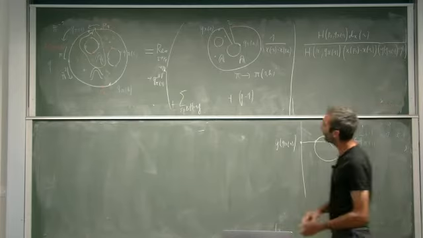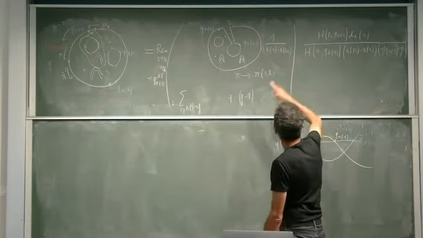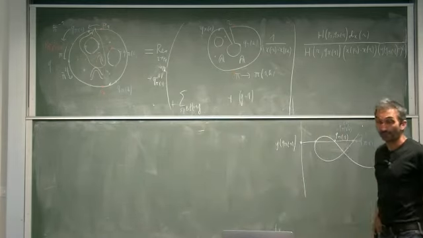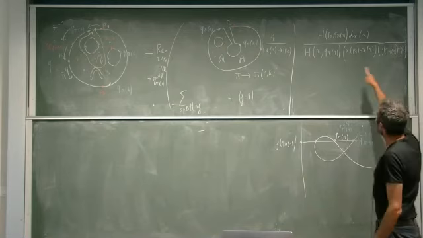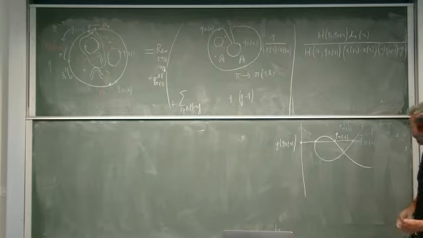If you take the residues at all those points, compute this. Each of these generating functions is a big rational fraction. You just have to compute residues, and this gives you the answer.